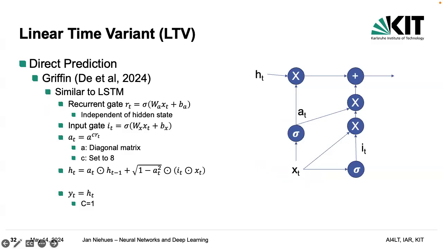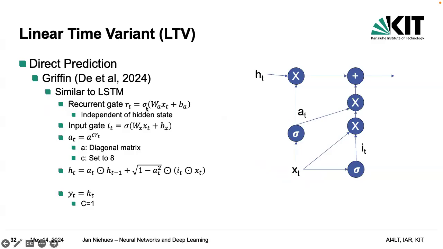So we have the recurrent gate, which takes a weight matrix on the input plus some bias, and we have just a sigmoid function. And this gives us r_t.